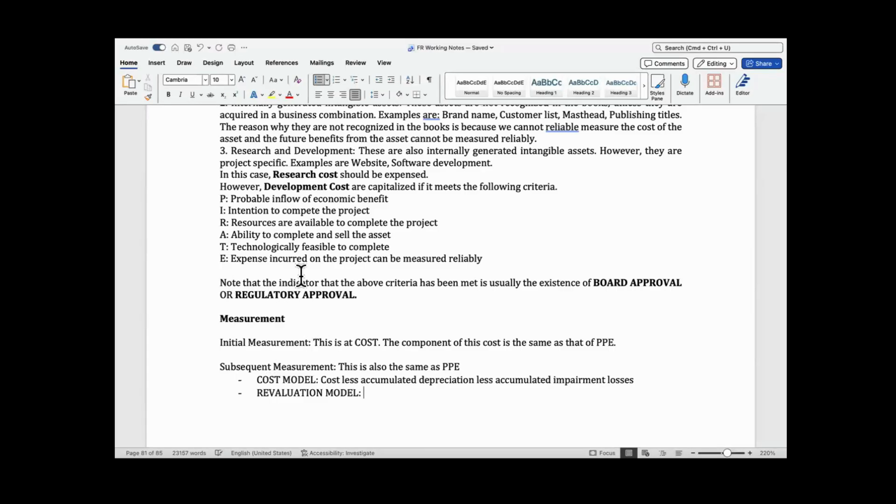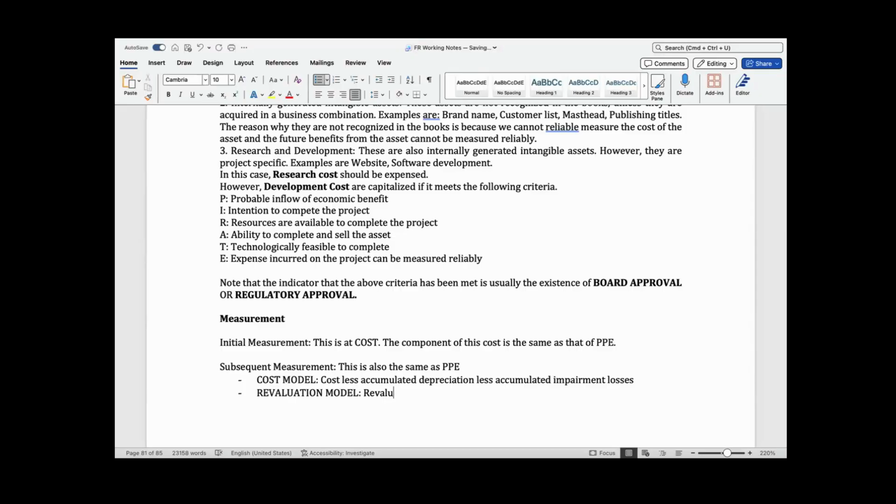Okay. What about revaluation model? Shidera, what's revaluation model? So is it that you want to go and quickly open your note or what? No. Revalue the amounts less accumulated depreciation and accumulated impairment.